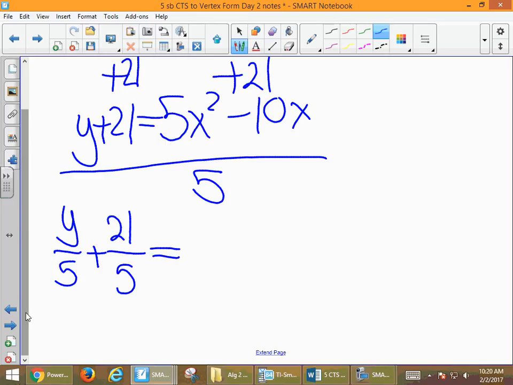So 5 divided by 5 is going to be 1, so we'll get our leading coefficient of 1, which is what we wanted, so that's why we divided by 5. And then we have -10 divided by 5. What will that give us? Okay, Kayla? Good job. So we have -2x.